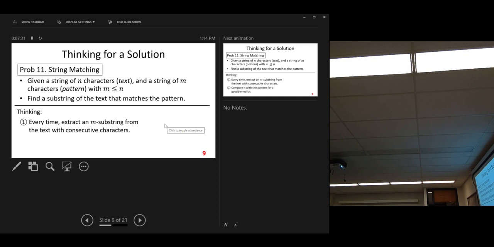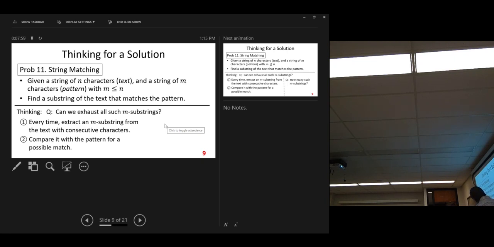Every time, extract an m-substring. Let's just call a substring with m consecutive characters an m-substring, taken from the text. Compare it with the pattern for a possible match.